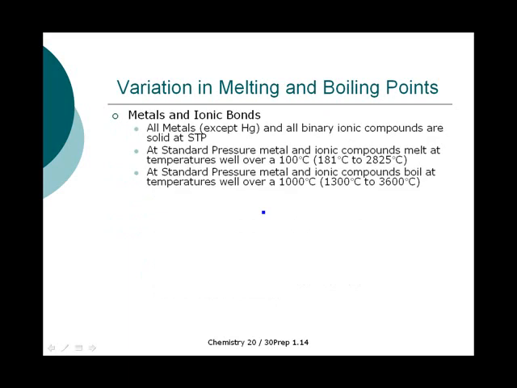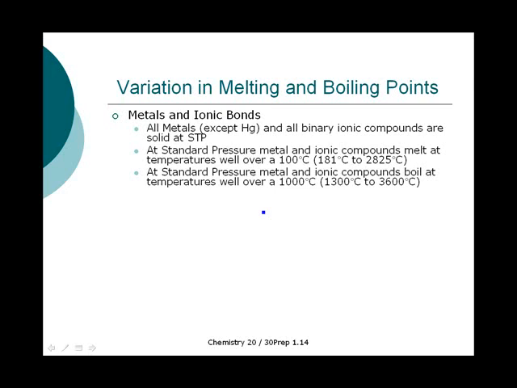So for metals and for ionic bonds, we notice that there are some patterns, especially if we look at our periodic table. We've noticed that all metals and all binary ionic compounds are solid at STP. So metallic compounds and ionic compounds are all solid at STP, which means they have fairly strong forces holding particles together.